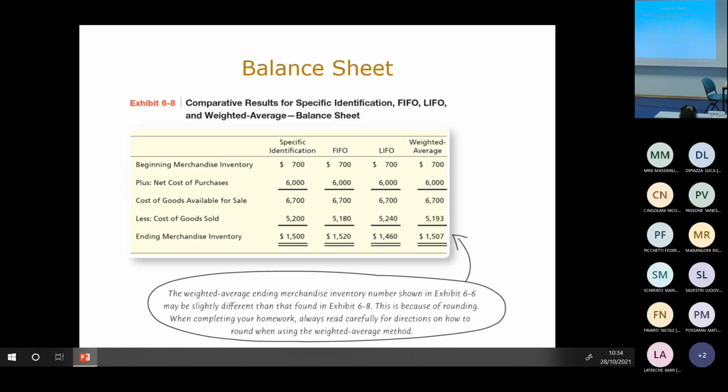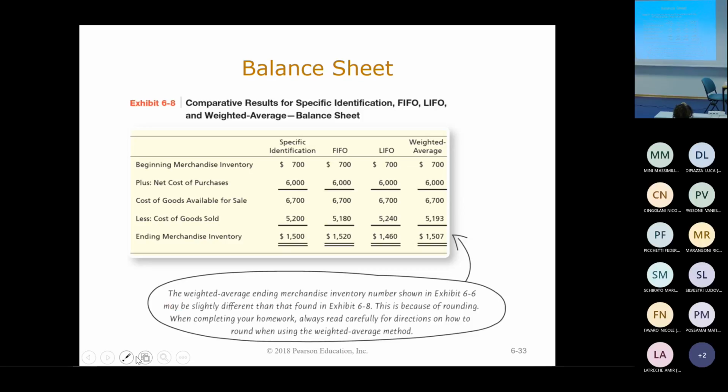So this is one of the consequences. However, in the balance sheet, once again, let's focus our attention on LIFO and FIFO, and have a look at the value of the inventory at the end. Clearly, under LIFO, the value is lower than FIFO. Remember, the assumption is that prices are increasing.